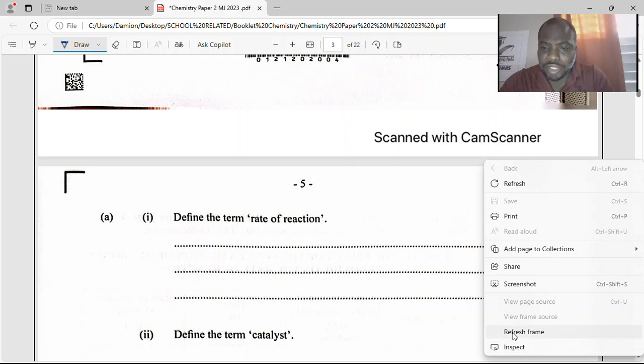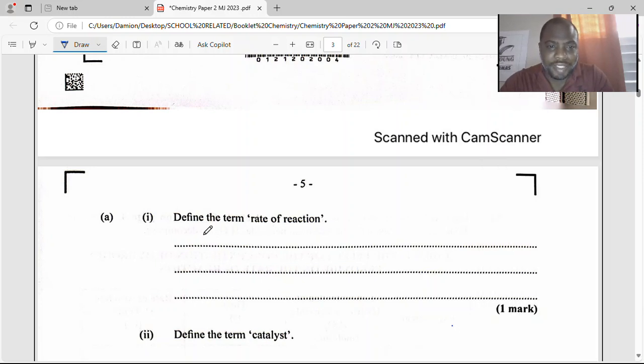For the first question, it says define the term rate of reaction, 1 mark. So anybody wants to go? Let's go. Anybody?